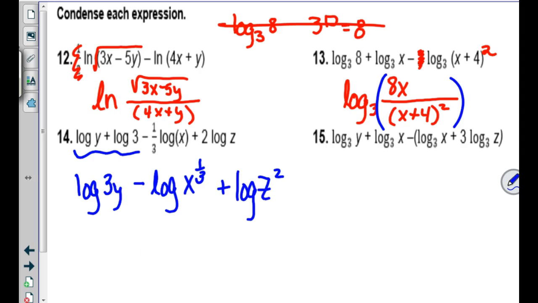Anybody get 14 to a single log yet? What does plus mean?